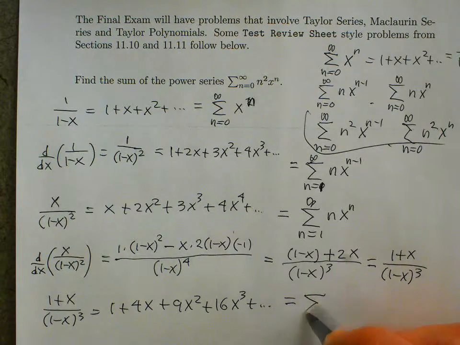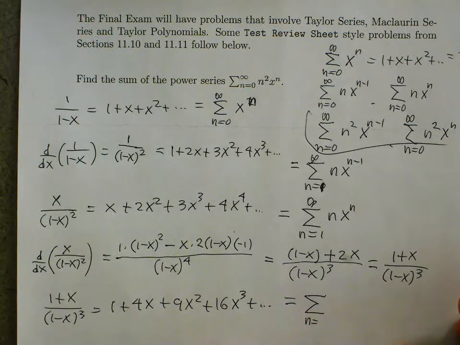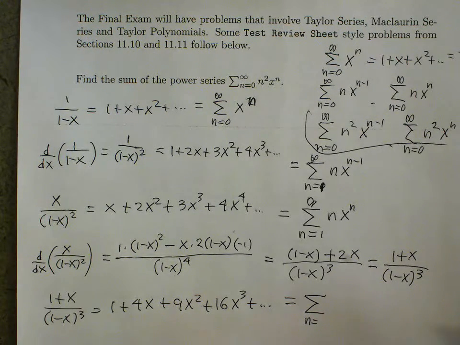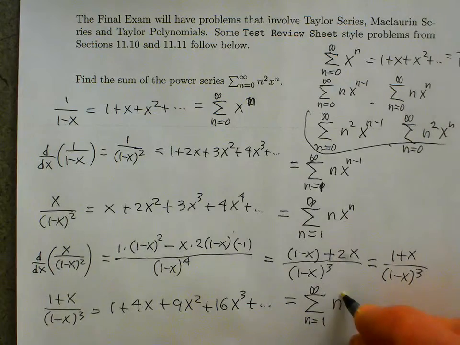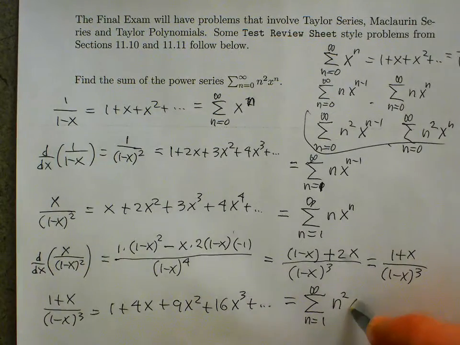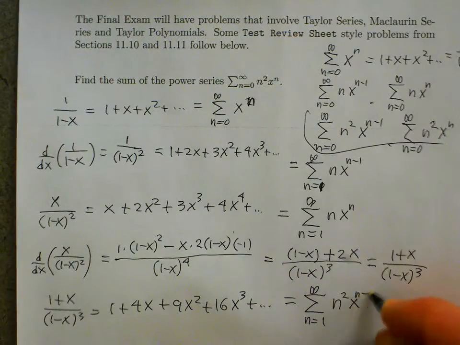So this one written as a sum, this one will start at 1, and it's n squared times x to the n minus 1.